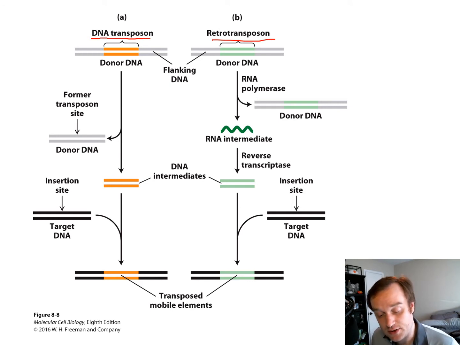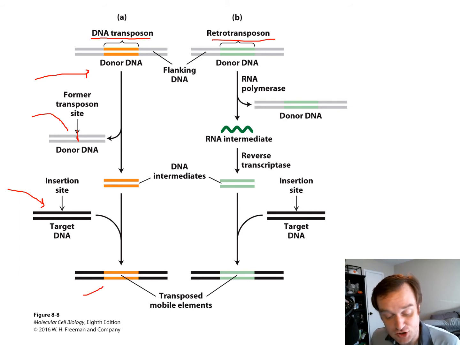A DNA transposon will excise itself from the DNA. You see here the gray was the flanking DNA, and now it's missing because it's cut itself out. Then that DNA will find another site, and it will insert itself into that site. So it's a jumping gene, as people used to colloquially refer to it. It's jumped from one part of the genome to another.